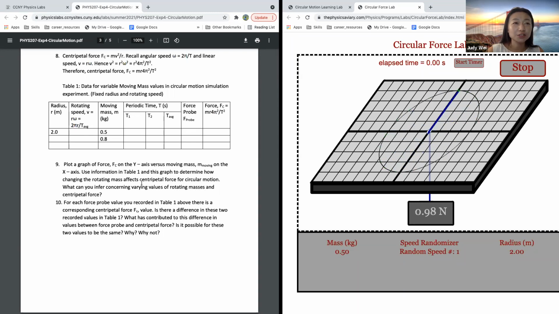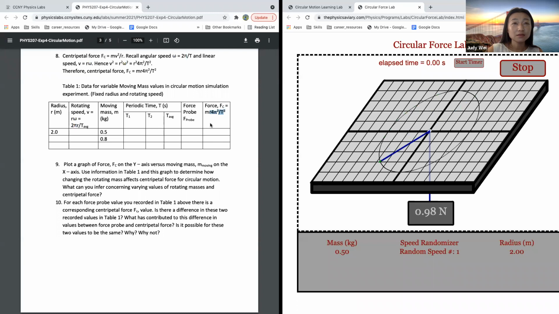You can actually even tell from the equation. Fc equals mr, and so on. If you do Fc versus m, we can consider these other values as a constant k.